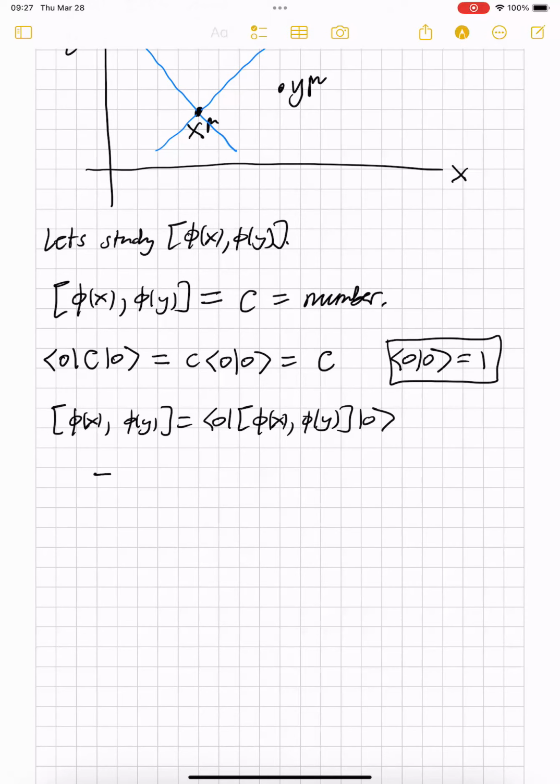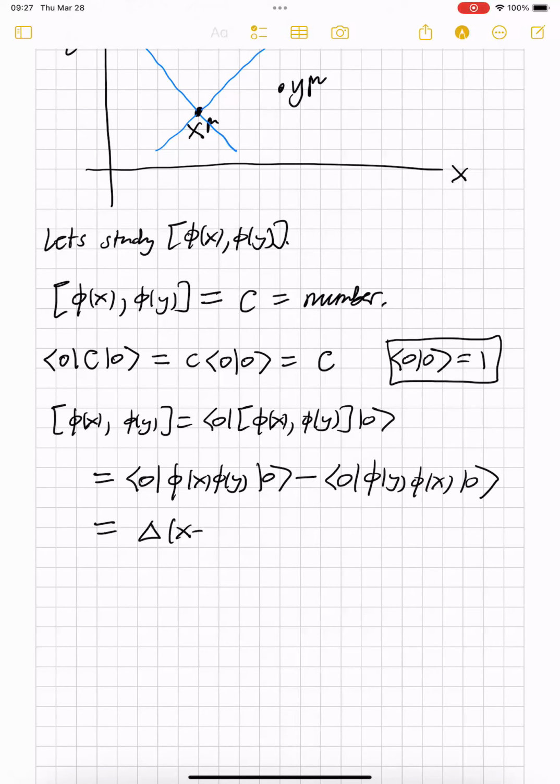And then this is equal to, well, let's just write out the commutator. So there's the first term in the commutator, and then we have minus the second term. So there it is. And if you remember, we just calculated this. This is what we call delta of x minus y minus delta of y minus x.